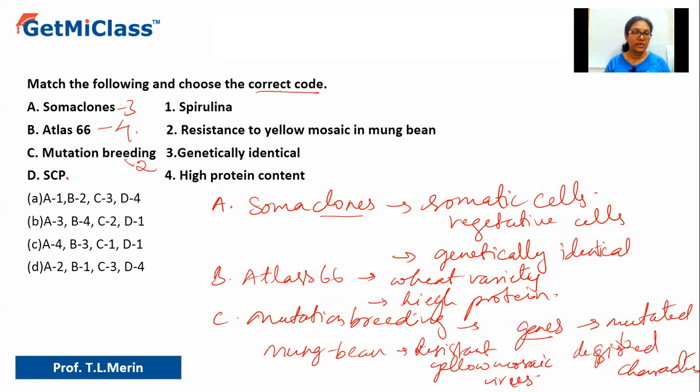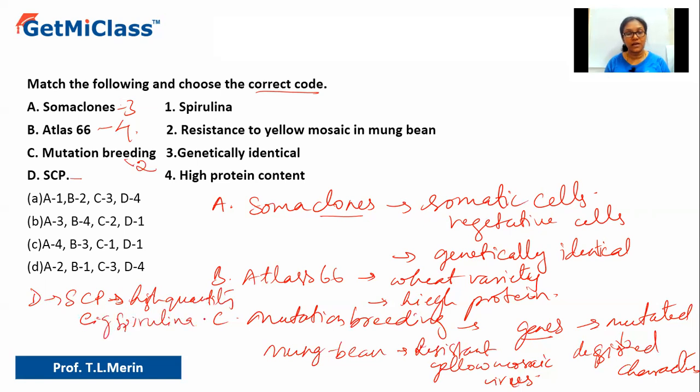Then option D says SCP. What is SCP? Single cell protein, where unicellular organisms are utilized to produce proteins because they are already high in protein content. They are cultured in high quantity. The example they have given here is spirulina.